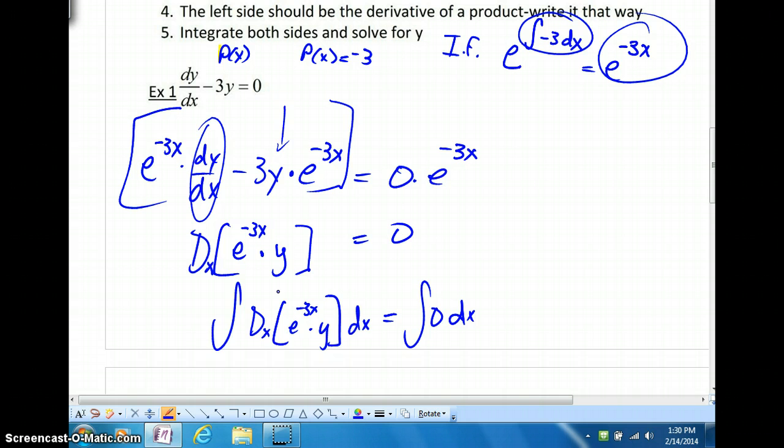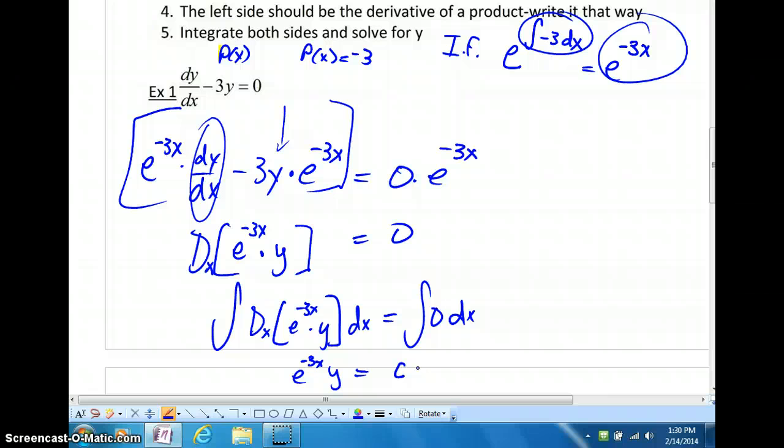I hope you can see it pretty quickly. What do you think? Yeah, e to the negative 3x times y. How about on the right side? Just a constant, right? You're saying, oh, I have some function that when I took the derivative of it, I got 0. Well, it's some constant. Maybe it's 0 itself, but it's just a constant.